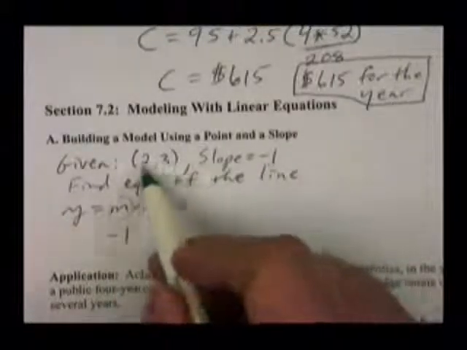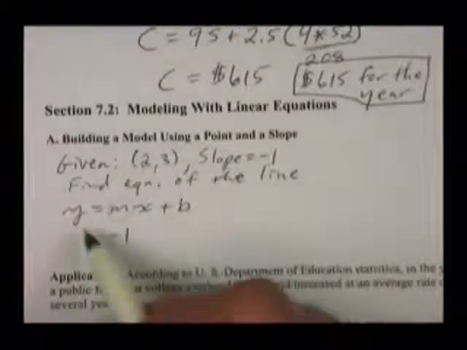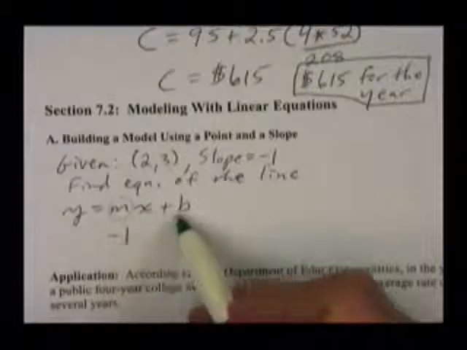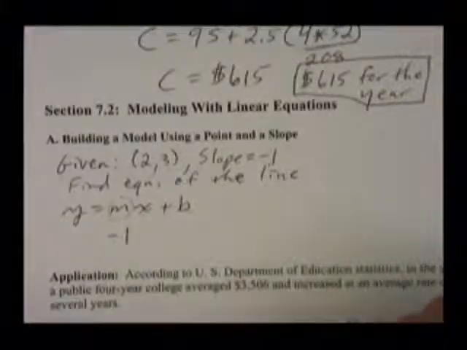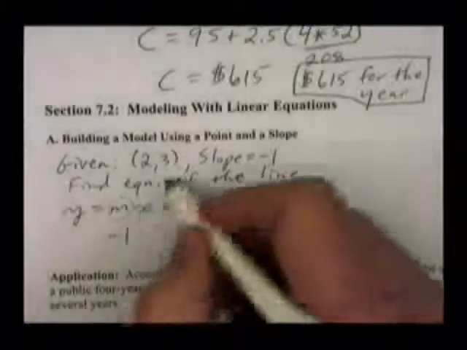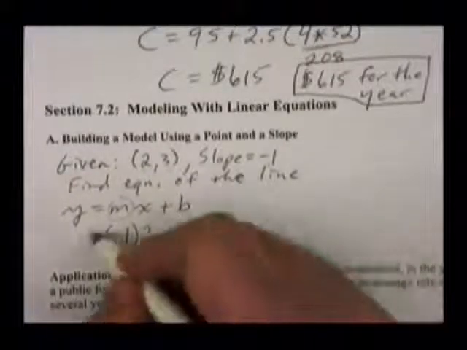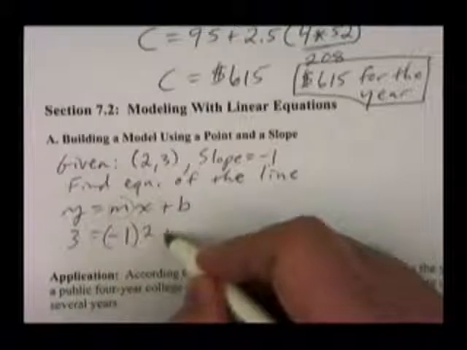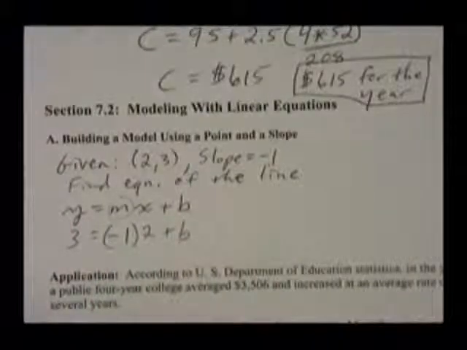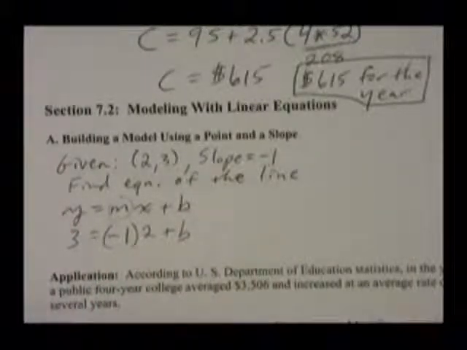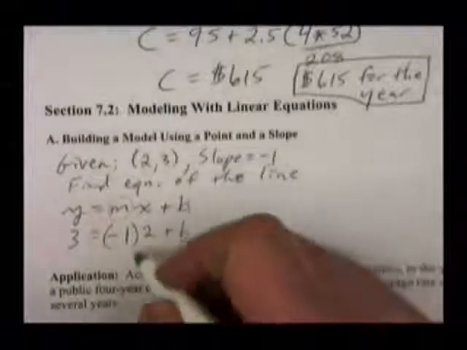I've also got this point, (2, 3), and that is x and y values, and what I don't know is my y-intercept. So I'm going to plug in the x and y values that I know, 2 and 3. And now I can solve that equation for b and figure out what my y-intercept is for this line.